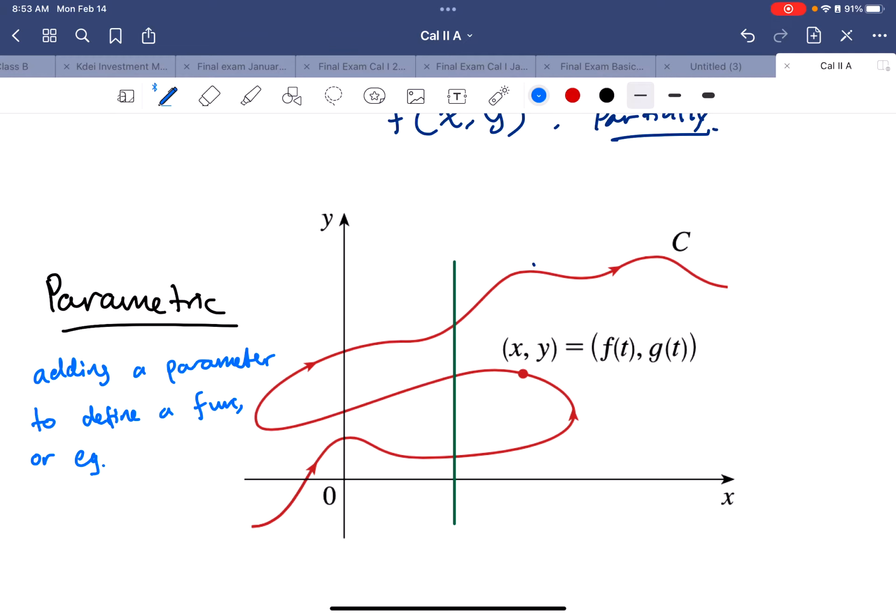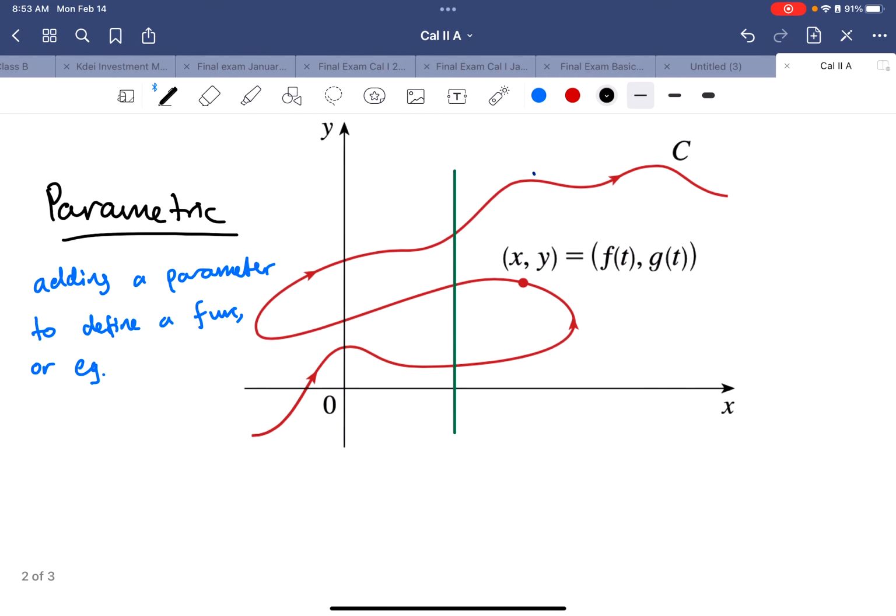Okay. So we will have, let's say x, we will have a function of t, and also y is a function of t. Let's say x is f, y is g.